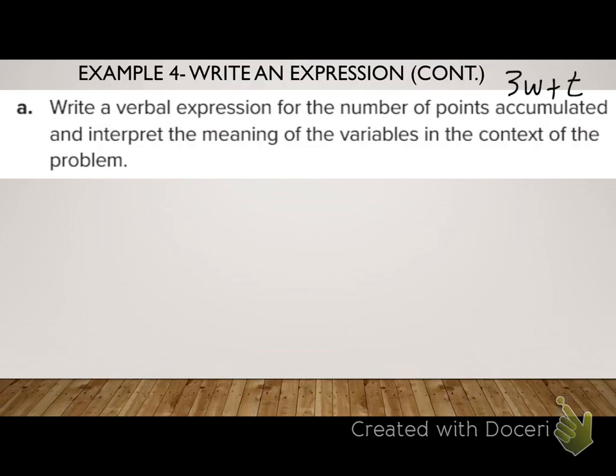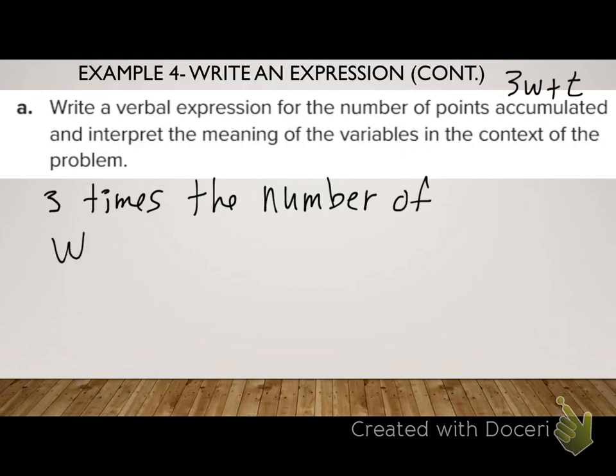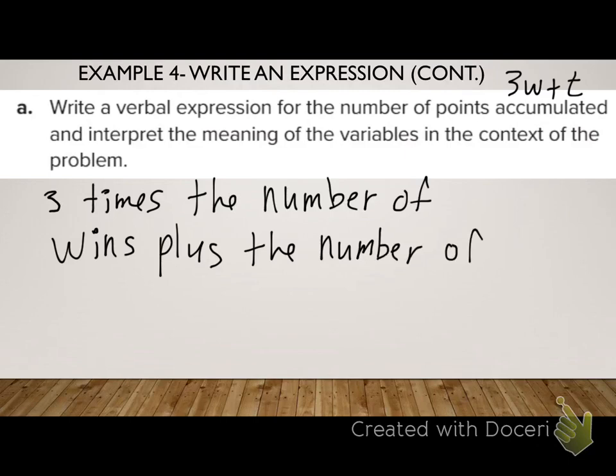And like I said, replacing the variables with what they're representing. 3 times the number of wins plus the number of ties.